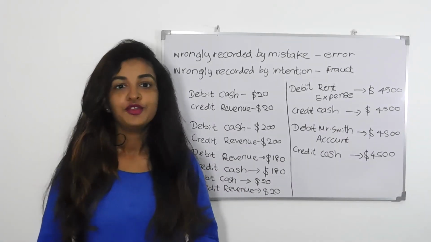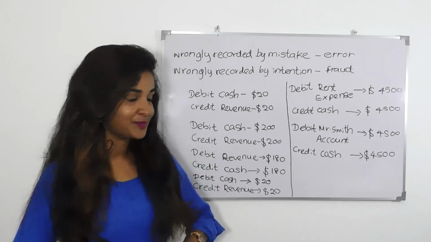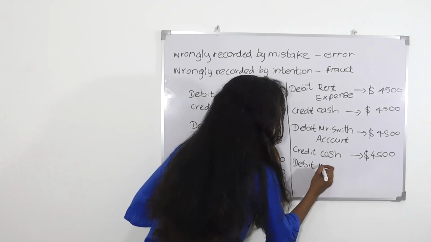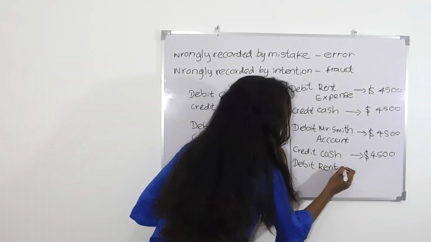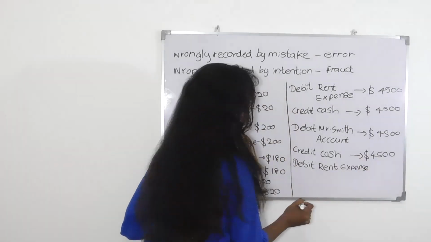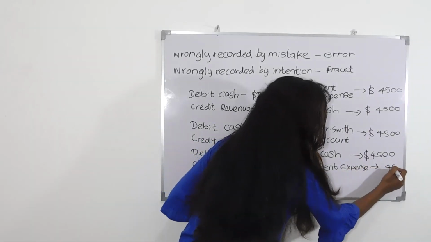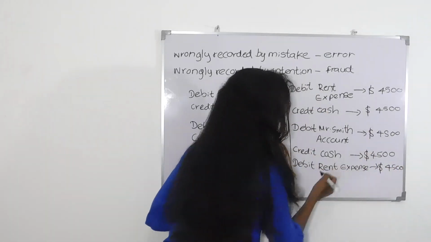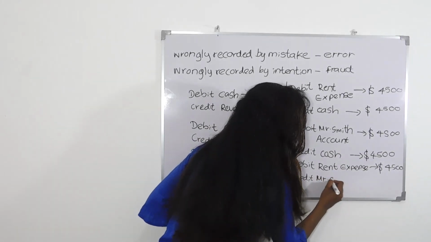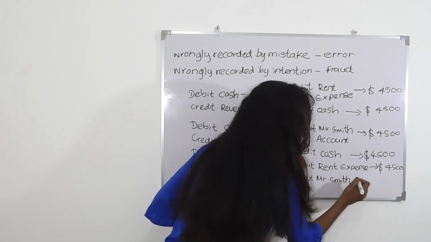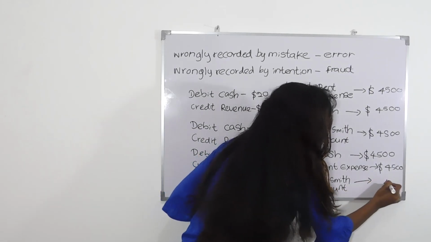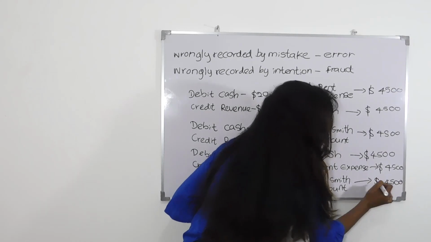So to rectify this, we have to pass the following entry: debit rent expense with $4,500 and credit Mr. Smith's personal account with $4,500.